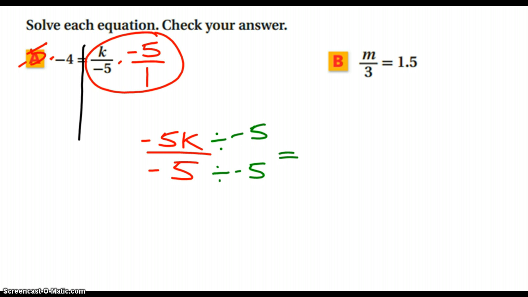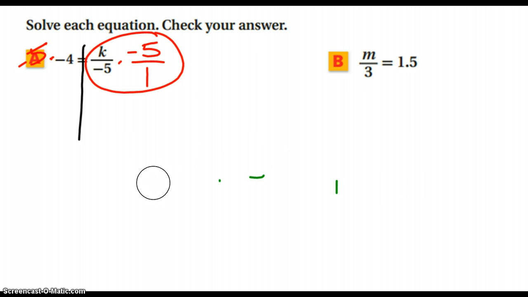So -5 divided by -5 is 1, or just k, and then -5 divided by -5 is just 1, or k over 1, or just k. So we have successfully isolated that variable.